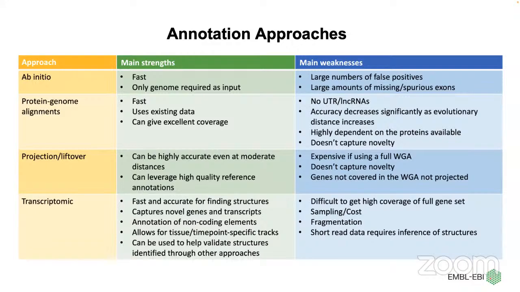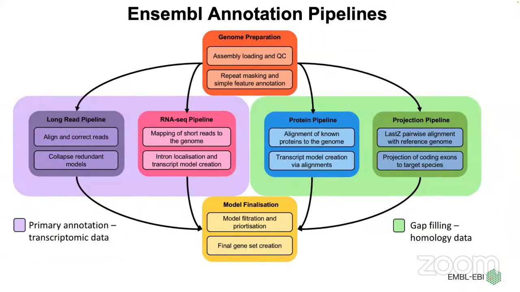So in summary, what does this tell us? That we need an approach which combines different evidences to get the most complete annotation and the final gene set. And that takes us to how genomes are annotated in Ensembl. So Ensembl uses various different approaches.